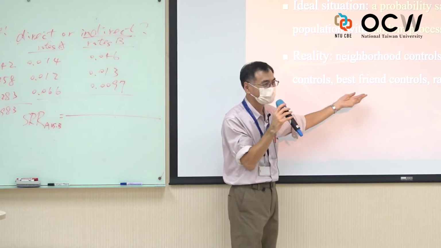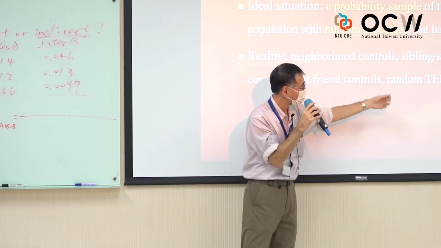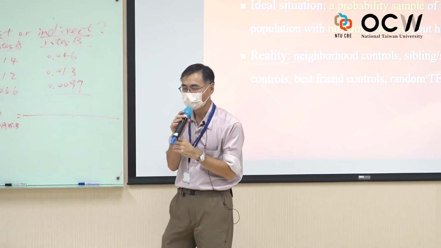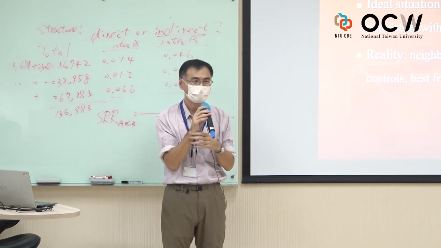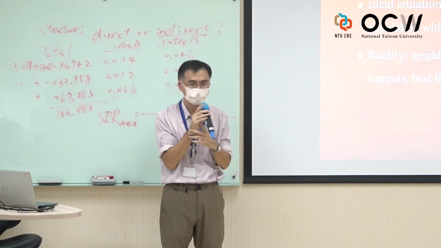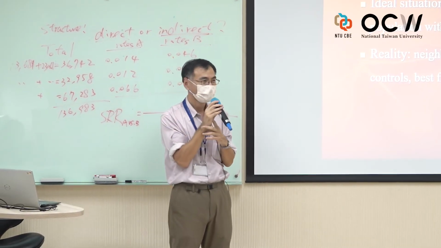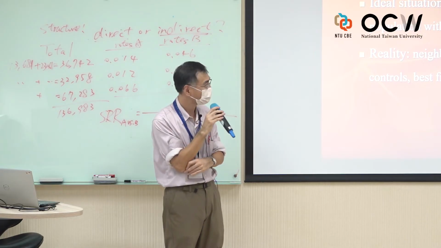And best friend controls, again, right? Random telephone number dialing, maybe, but nowadays most people don't pick up the phone, because there are too many weird things going on with random calls. So generally I don't pick up the call without knowing who he or she is, right?